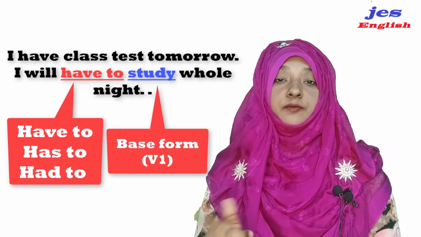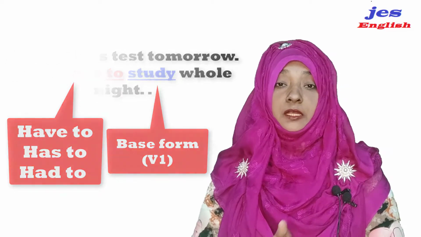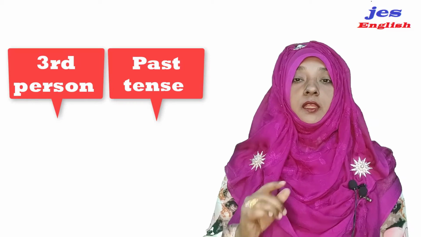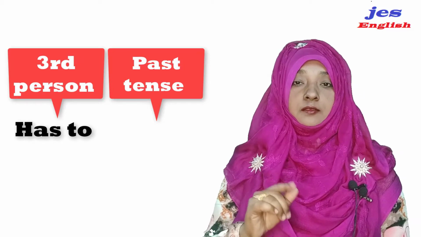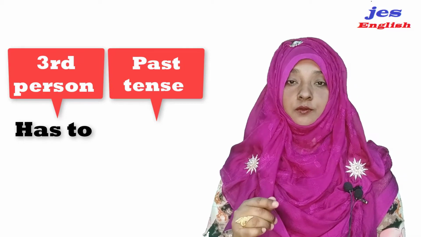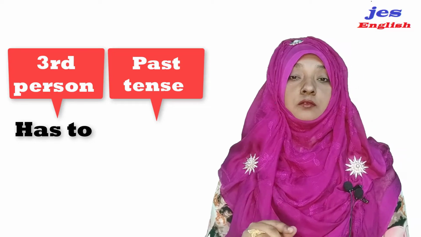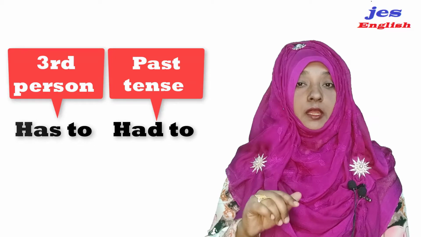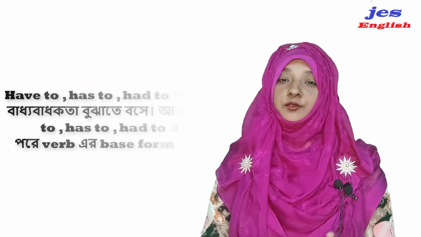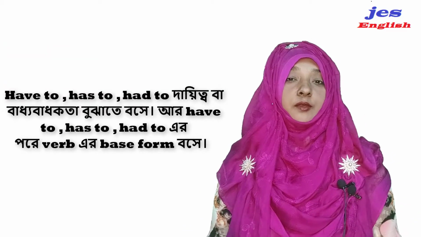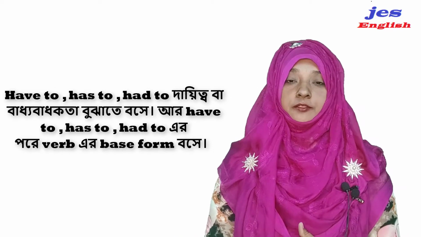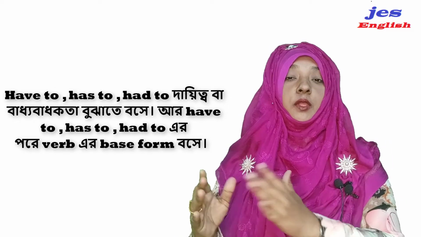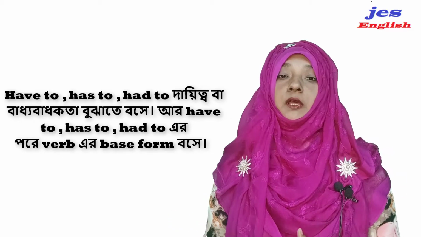If the subject is third person singular, you will get the clue has to. If the tense belongs to past, you will get had to. Have to, has to or had to are all used to express obligation.